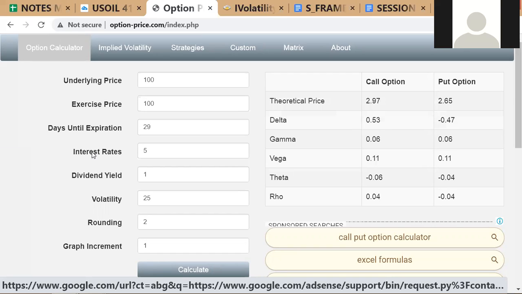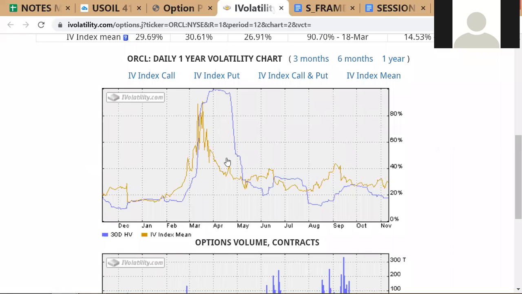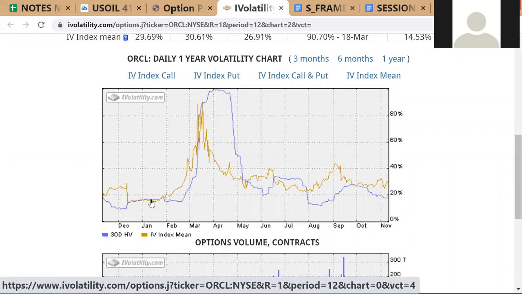So the bottom line for us is to understand that long option positions have long Vega. When you buy options, what you want is this: ideally you buy options when the implied vol is 20% and then it shoots up to 80%, and your option has automatically made a lot of money.